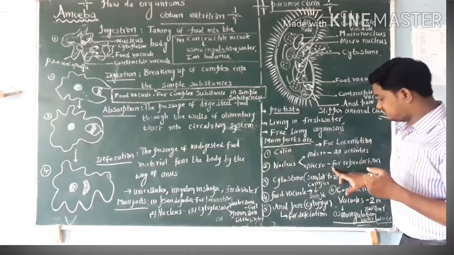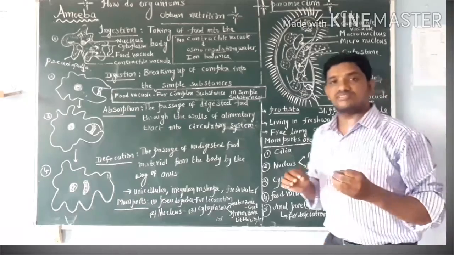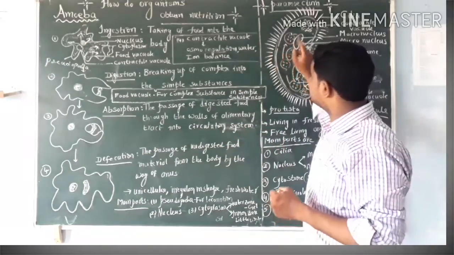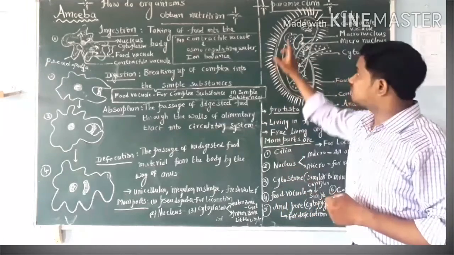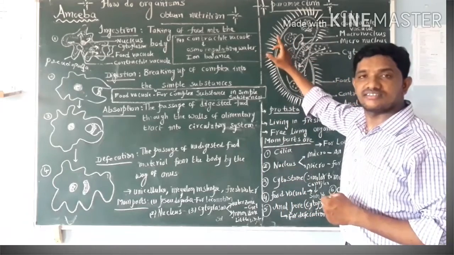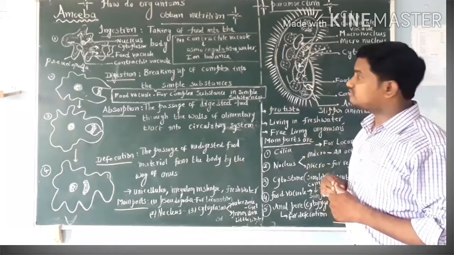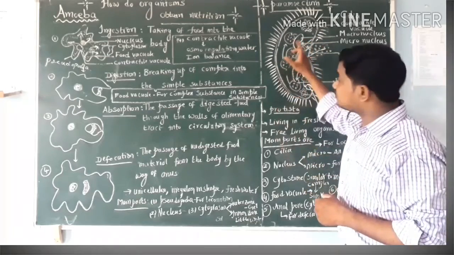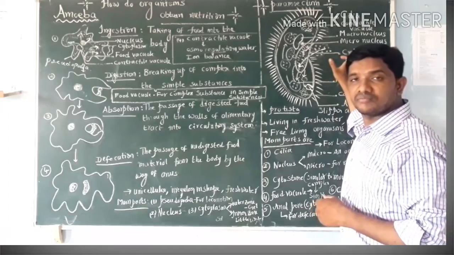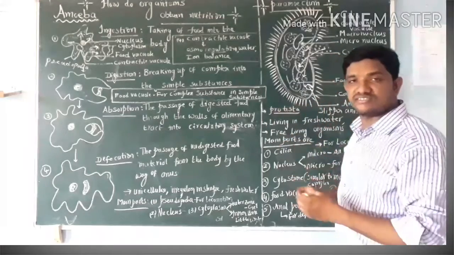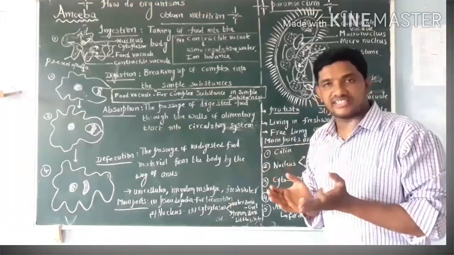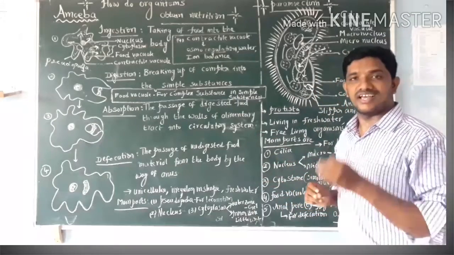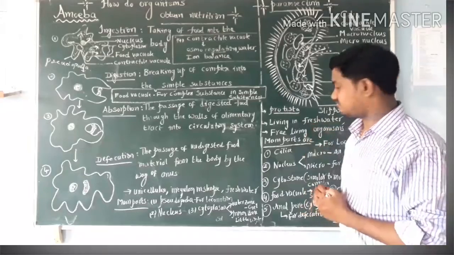Micronucleus function involves the reproduction process. This is about the nucleus. First, cilia is for locomotion, whereas macronucleus helps perform all activities, whereas micronucleus helps in the reproduction process.